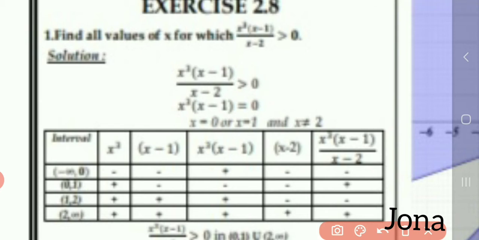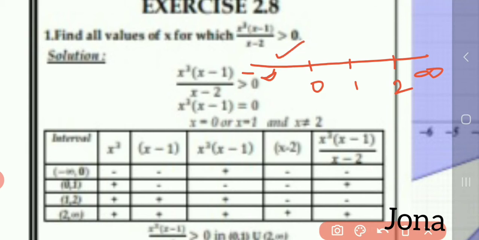Let me take the intervals in the number line. Here I have minus infinity, here I have plus infinity. The points that I got are 0, 1, 2. Now I got the intervals as minus infinity to 0, 0 to 1, 1 to 2 and 2 to infinity.